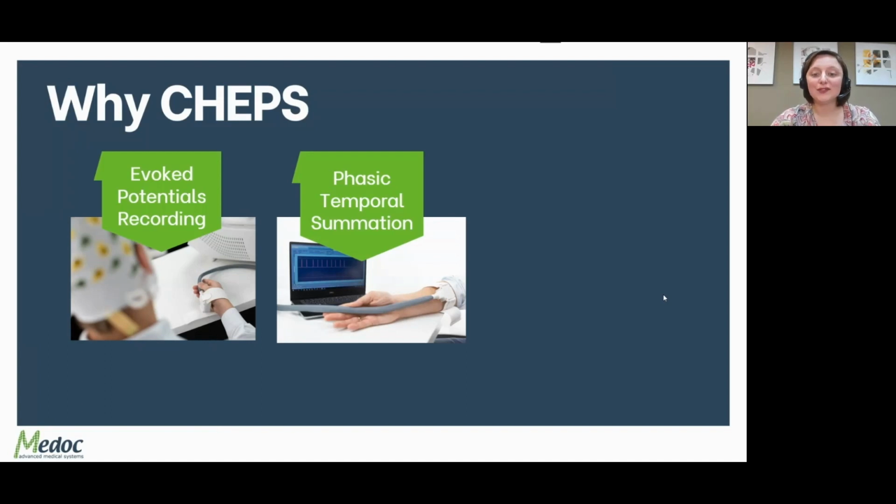And then there is phasic temporal summation that I already mentioned today. You can imagine that given the fact that you need to maintain high frequency, it can be much easier to do using the Qsens thermode with 70 degrees per second up and 40 degrees per second down than using standard, more slower thermodes. You don't need to have higher baseline.